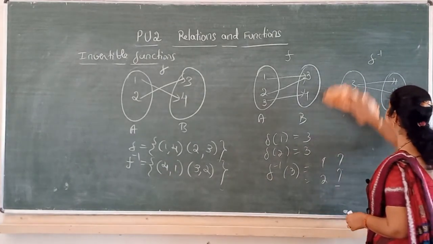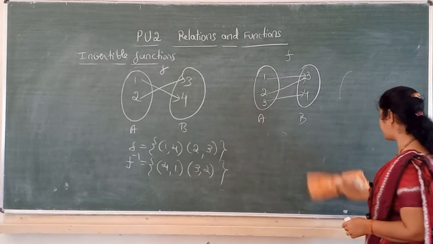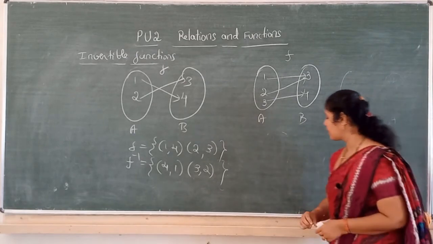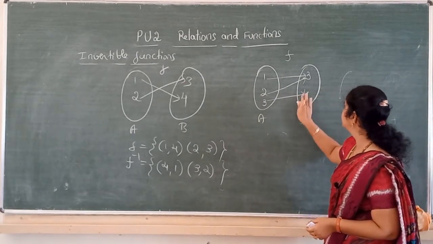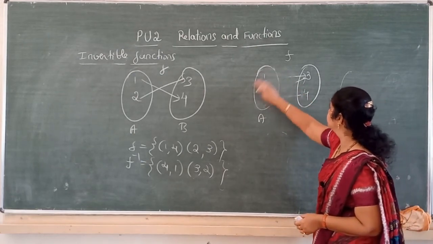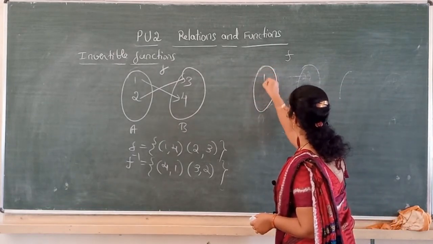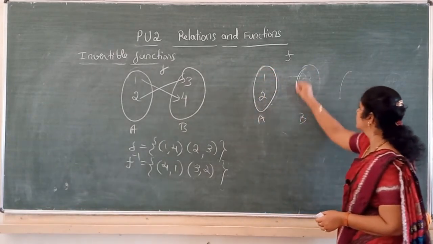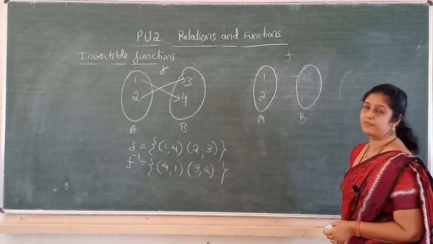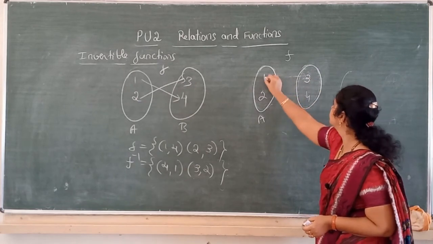Now what about if f is not onto? Is it possible to write the inverse? Okay, now I will rub this. This is set A and this is set B, with 3 and 4.